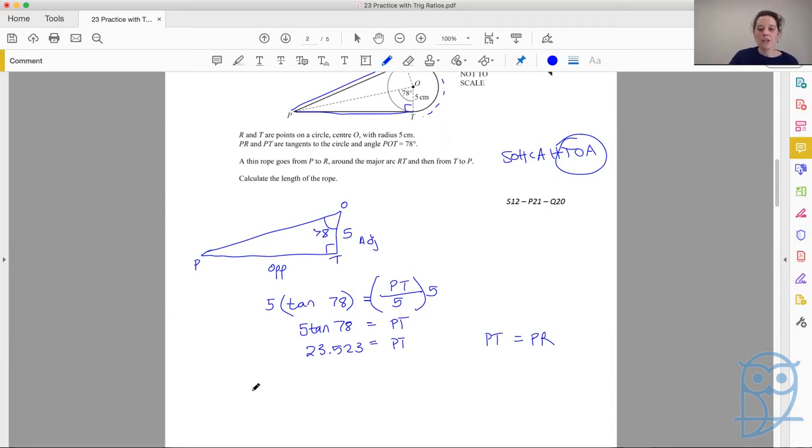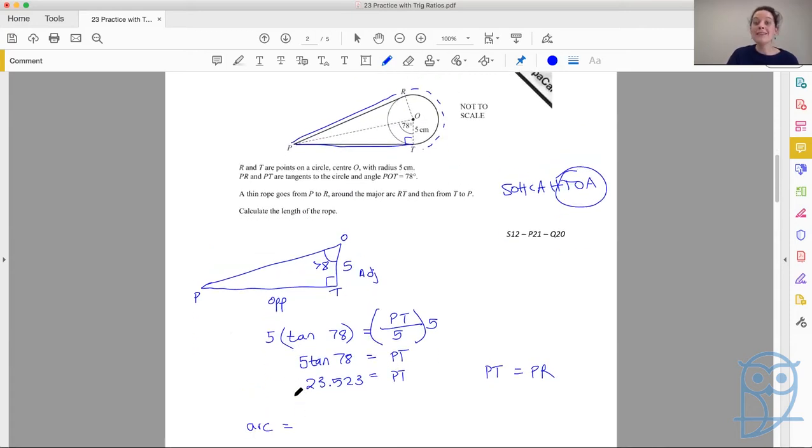Okay, so we know that the arc is going to equal a piece of the circumference. So some sort of fraction of 2 times pi times 5. What piece of the circumference? Well, if this is 78, this is also 78, which means this is 360 minus 78 times 2, which gives us 204.